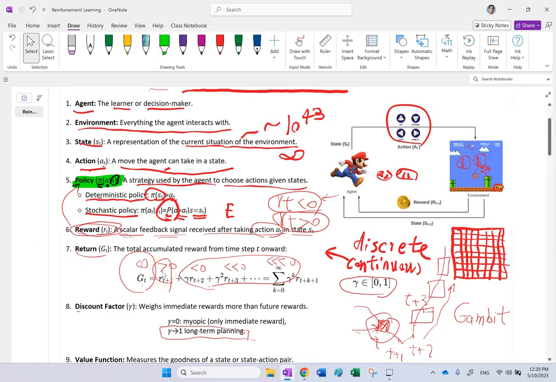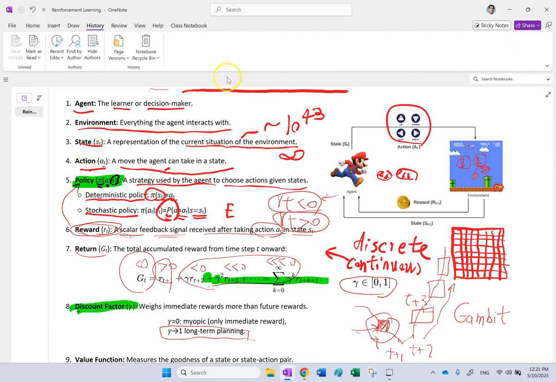Like when you look at a grandmaster in chess, they look several moves ahead of time. They read 5, 10, 20 moves ahead. But if you are a rookie in chess, you probably only look 1 or 2 moves ahead. That is the difference between you and a grandmaster. Okay? So this discount factor is a very important hyperparameter.